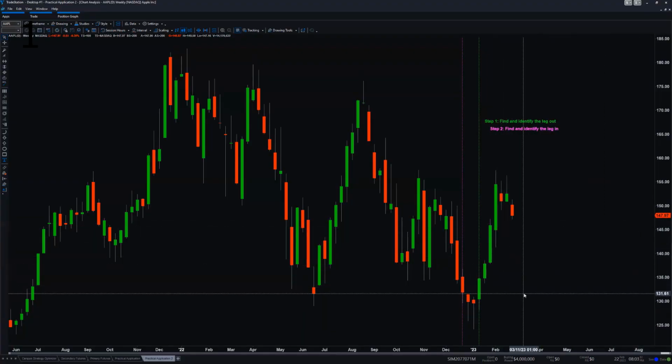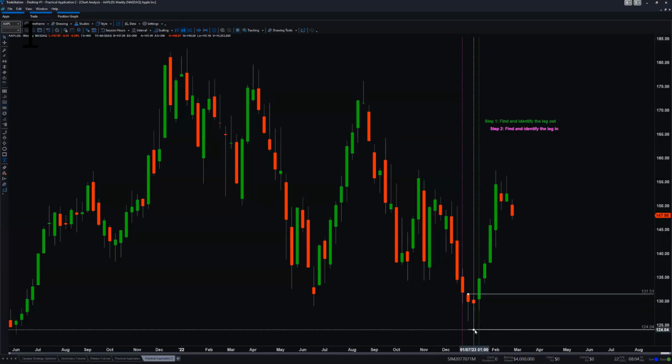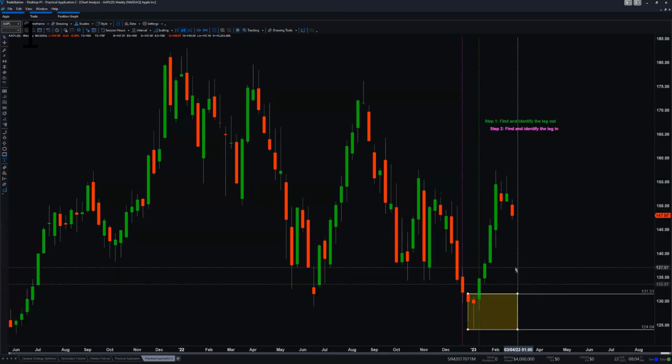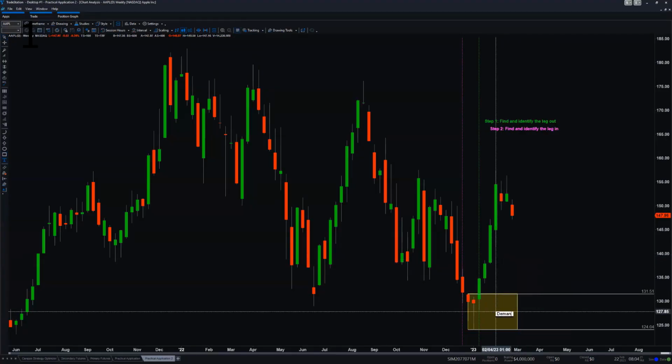And there is where our rules come into play. Our proximal goes at the highest body of the basing candles, and the distal goes to the lowest wick of the entire formation. What's left to do is we put a beautiful box. This is a demand zone, a drop base rally.